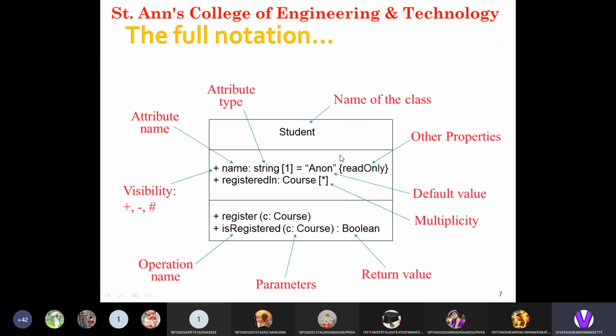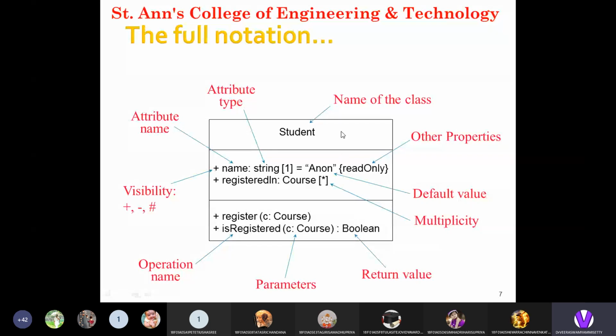So these are the four things to understand when you are defining the operations of a class. An operation consists of visibility, operation name, parameters, and return value. So these are totally ten important things we need to understand from the class notation.